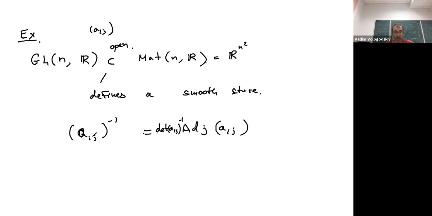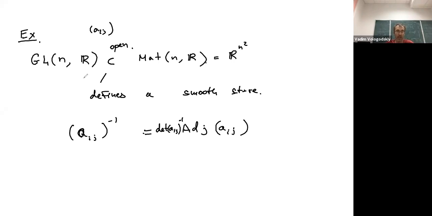In terms of these coordinates, the map from GL to GL which takes a matrix to the adjoint matrix is also given by polynomials, so it's definitely smooth. The determinant itself is a smooth map from GL(n, R) to R, and it's also a non-vanishing smooth function. If you have a smooth non-vanishing function, its inverse is also smooth.